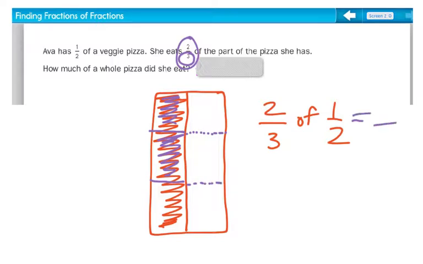So the equal parts would end up being 6 equal parts. 1, 2, 3, 4, 5, and 6. How many are shaded purple and red? 2 of 6. So she ends up eating 2/6 of the pizza.